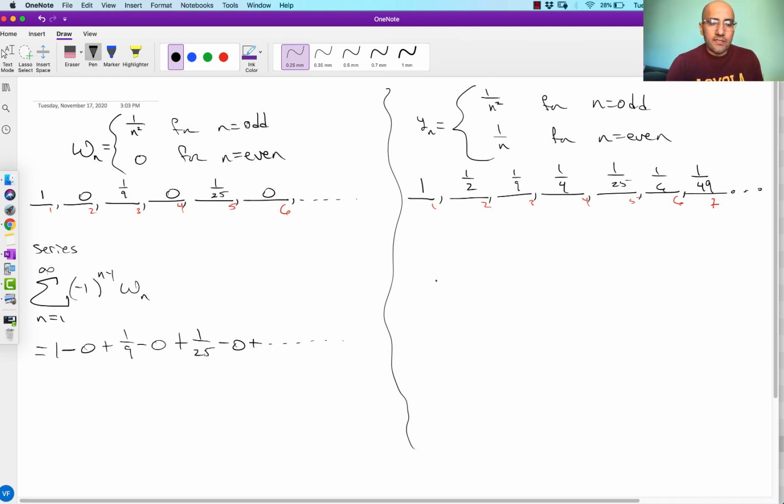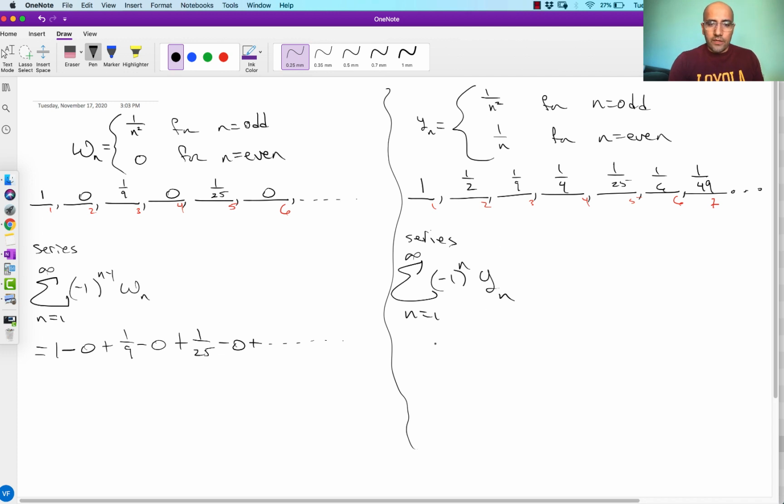And then over here, let's consider this other series, as n goes from 1 to infinity of -1 to the power of n times y sub n. Here I've raised to the power of n instead of n minus 1. All that does is change the order in which we start adding and subtracting, but it still gives you the same effect of alternating signs.